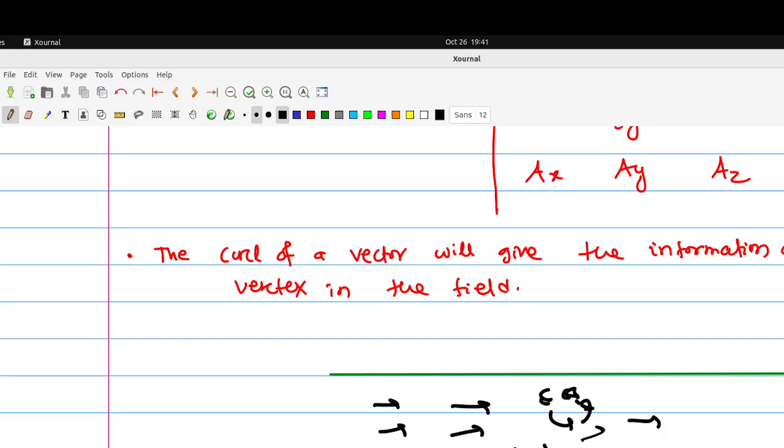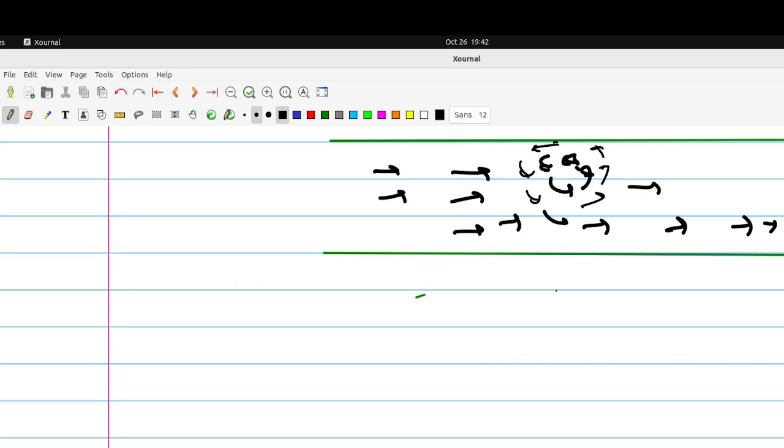These are called vortices. This velocity field of the river is a 2D vector, x and y. So these are rotational effects. It is rotating at some point, and the curl will decide this. Everywhere else it will be zero. In this location, it will be finite. So you understood gradient, divergence, curl.